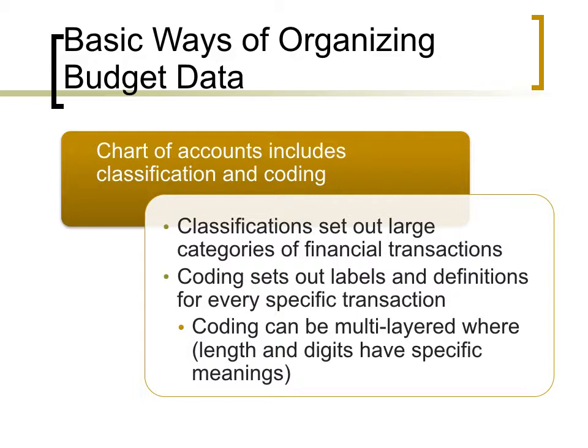Charts of accounts include special classifications and coding. Classifications set out large categories of financial transactions. Coding sets out labels and definitions for specific transactions. Codes can be multi-layered, where the length and digits have specific meanings. Basically, this system is a guide as to how expenditures and revenues will be tracked. Every fiscal transaction within the entity will be coded, and given that code, you will know exactly where the money went and where the money came from.